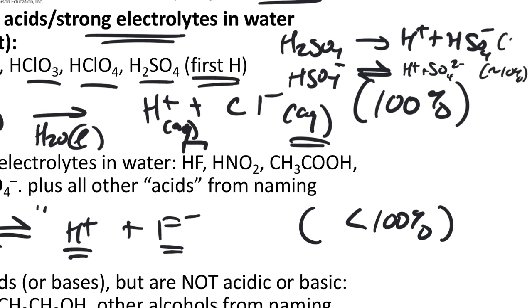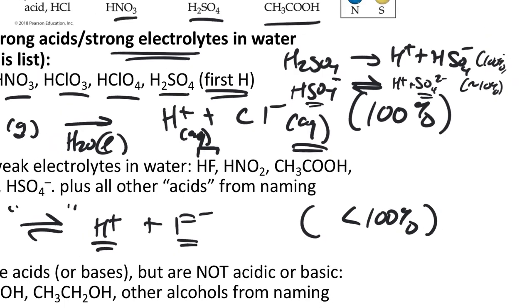Just to give you an idea: the first step is 100%, so strong, and the second step is weak. Kind of peculiar, but it means for H2SO4 you get 100% dissociation into H+ and HSO4-, but then HSO4- hits a wall and doesn't completely keep going. It eventually stops, and you're left with mostly HSO4- and a little bit of sulfate. How much becomes a chapter 16 topic that you'll revisit in Chem 1220.